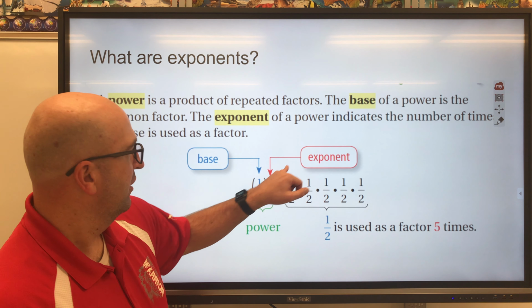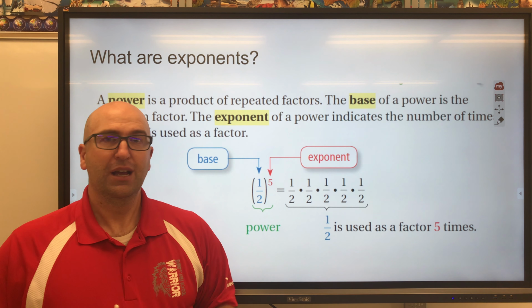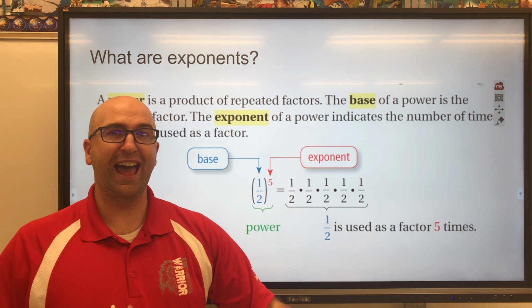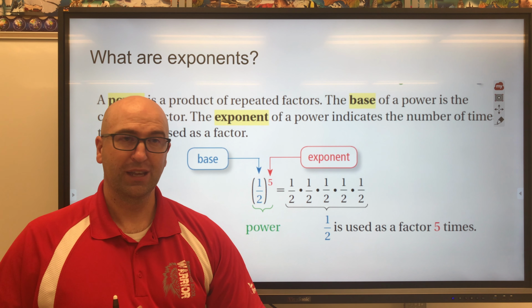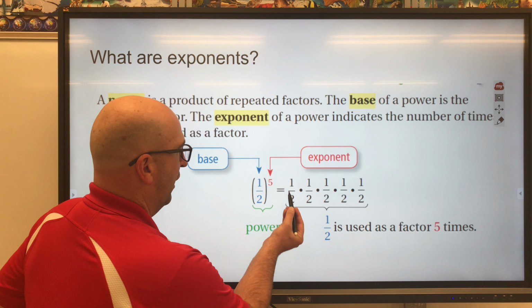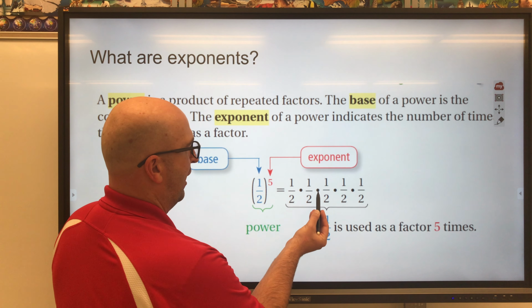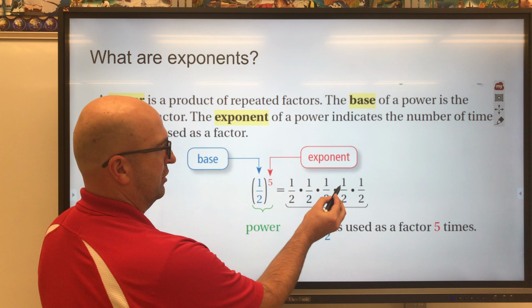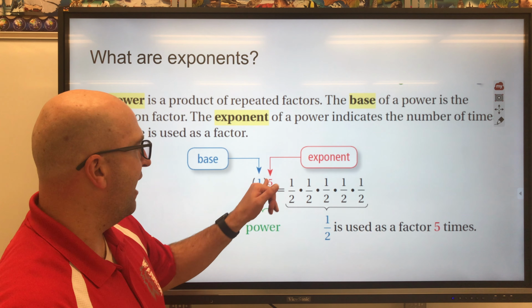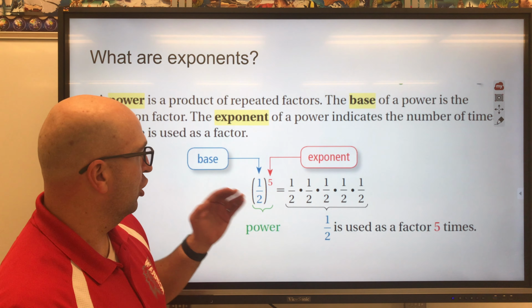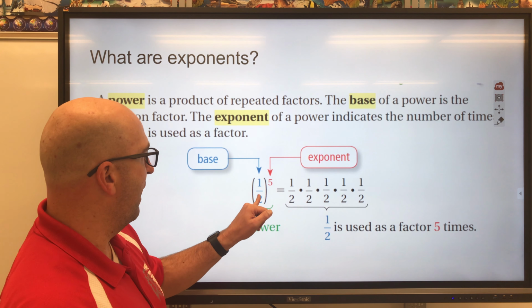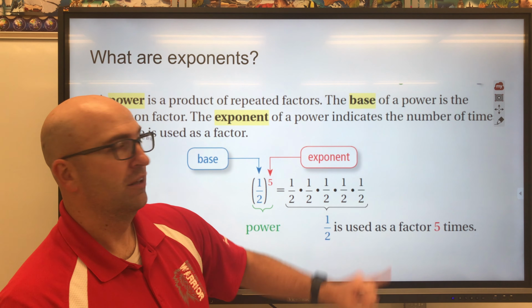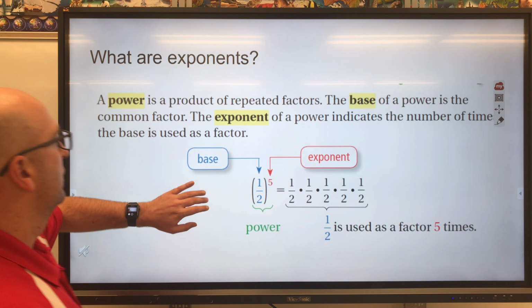And the 5, that's the exponent. Now, what does that mean, 1/2 to the 5th power? That means that you would have 1/2 being multiplied by itself 5 times. 1, 2, 3, 4, 5. So 1/2 to the 5th power means that you're going to be multiplying 1/2 by itself 5 times.